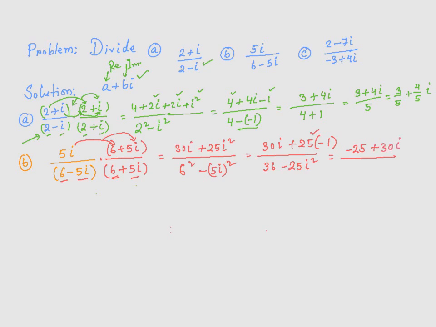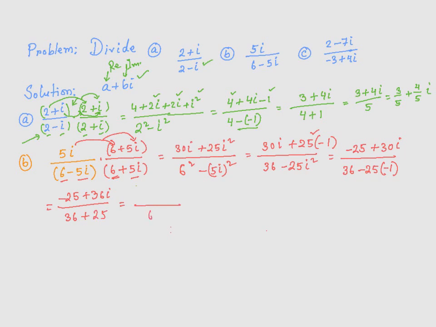And in the bottom I'm going to have 36 minus 25 times i squared, but I know that i squared is negative 1, so I'm going to simplify it further. Negative 25 plus 30i divided by 36 plus 25. Now 36 plus 25 is 36, 46, 56, 61.